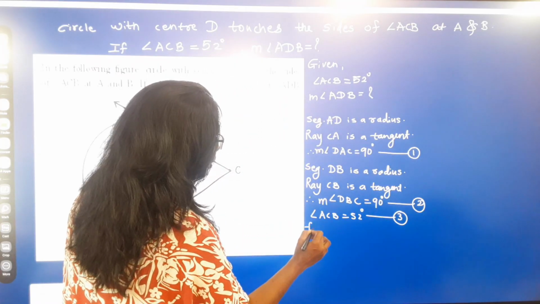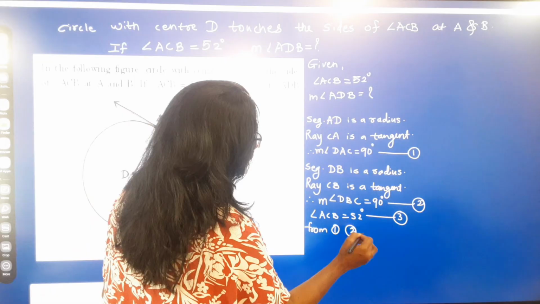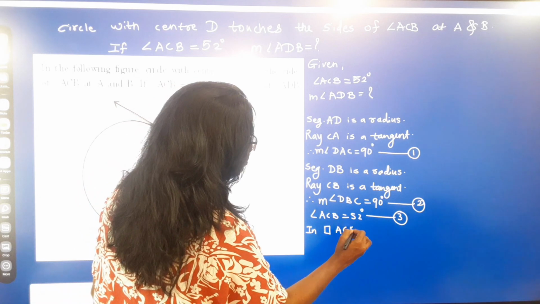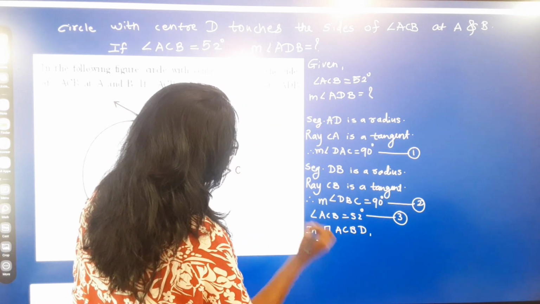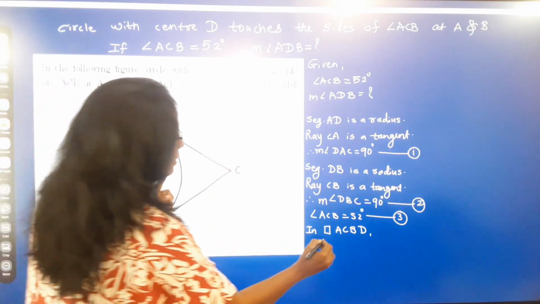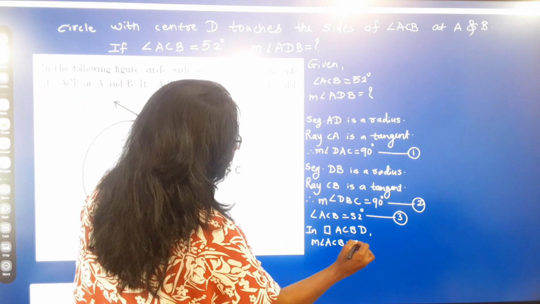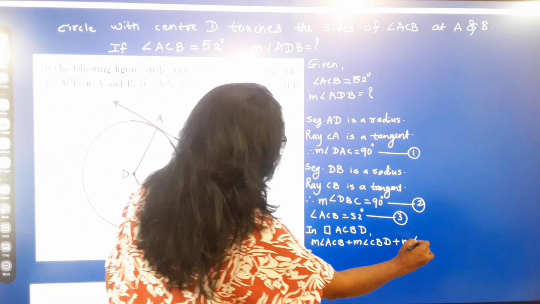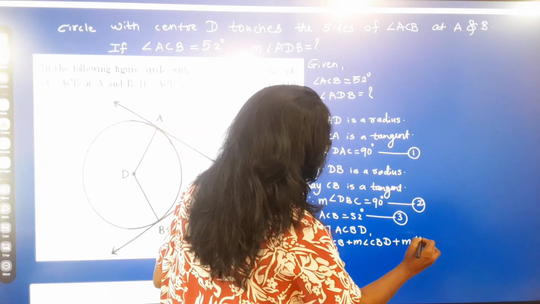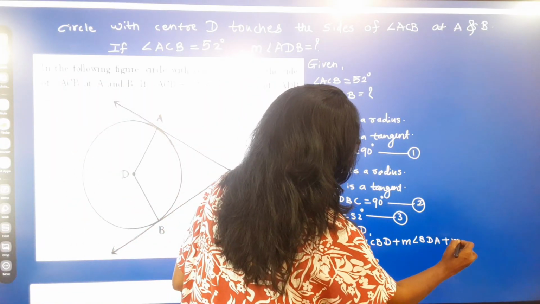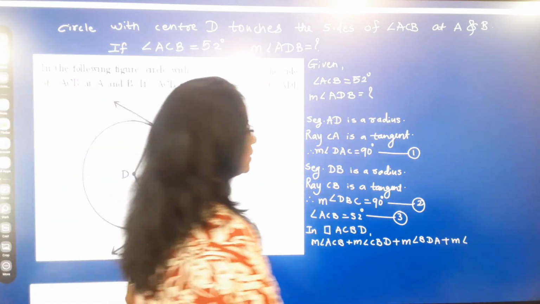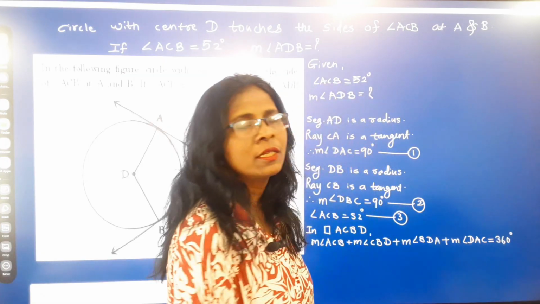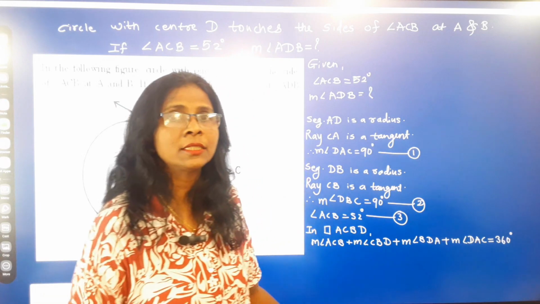So now from 1, 2, 3, first we write that in quadrilateral ACBD, angle ACB plus angle CBD plus angle BDA plus angle DAC is equal to 360 degree, because the sum of the angles of a quadrilateral is 360 degree.